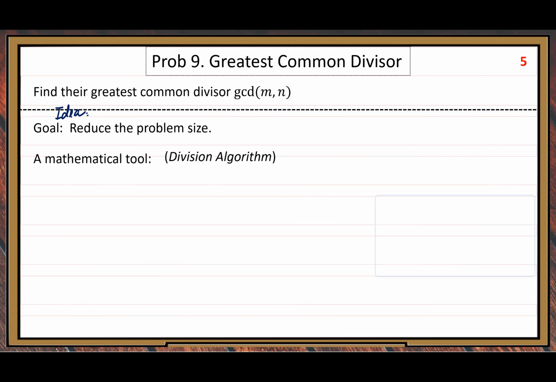Division algorithm. How to do integer division? You know how to do it, right? Everyone knows how to do integer division. And we use that integer division here, and we give it a fancy name called the division algorithm. The integer division is so simple, but people still give it a formal name.